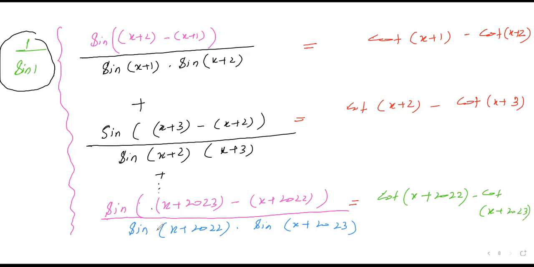I would like to prove this one once again. Basically, you have to expand the numerator by using the formula sine of a minus b. So it is sine x plus 2 cos x plus 1 minus cos x plus 2 sine x plus 1. And as you divide each term by sine x plus 1 and sine x plus 2, then you will get cot x plus 1 minus cot x plus 2.